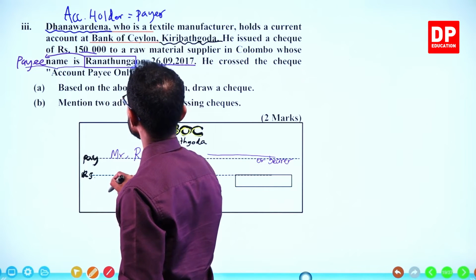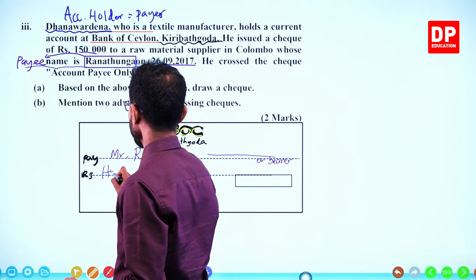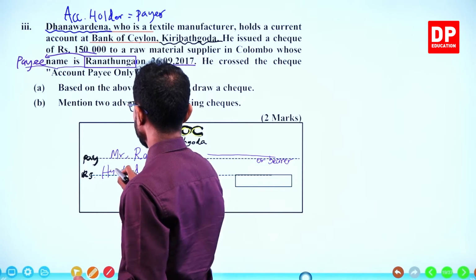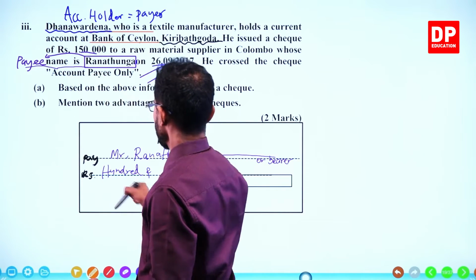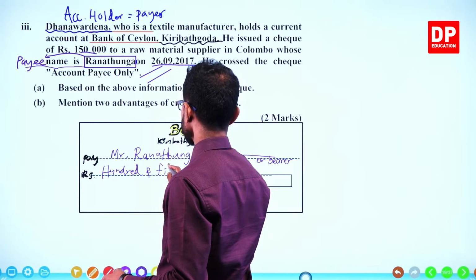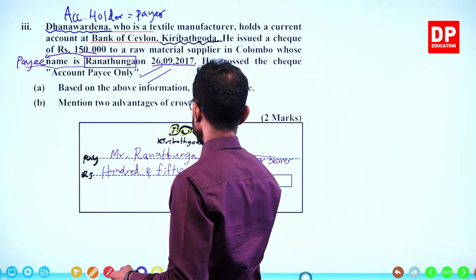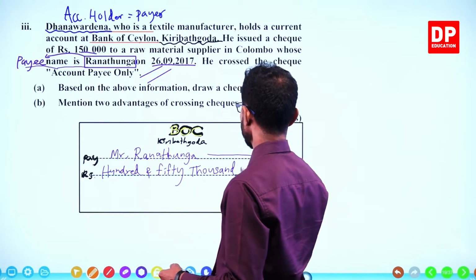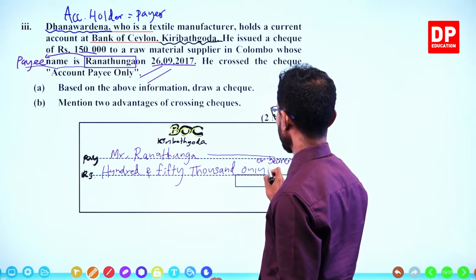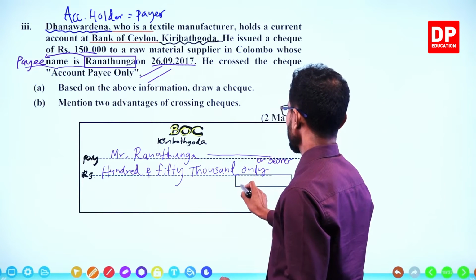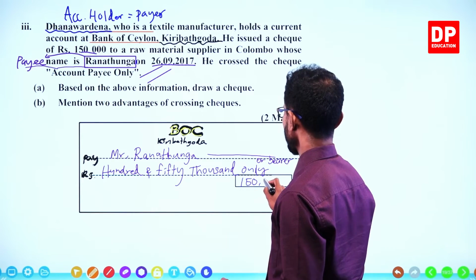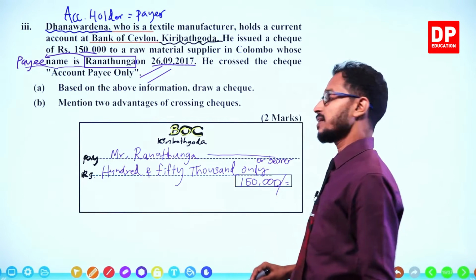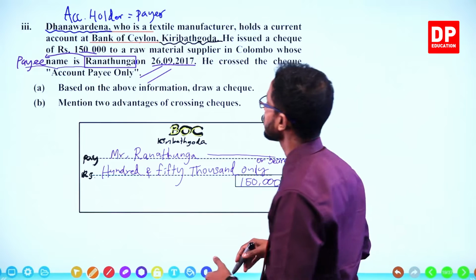How much is it? 150,000 only. Don't forget to write 'only'. And you mention that 150,000 inside the box like this in numbers.